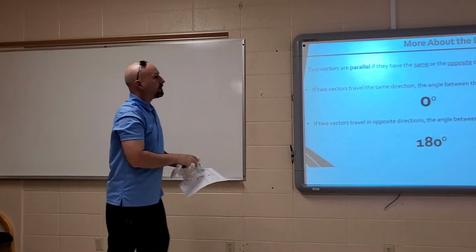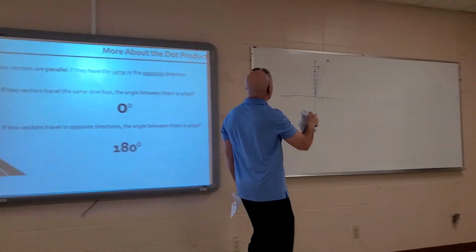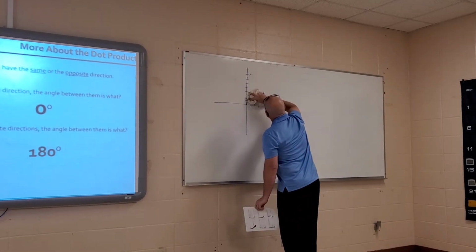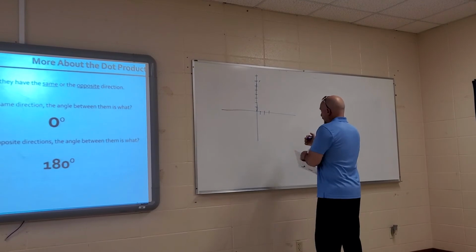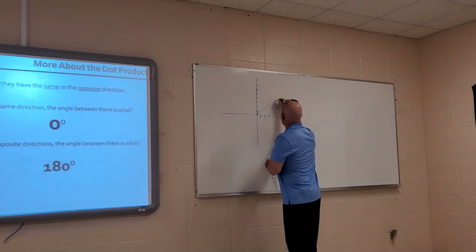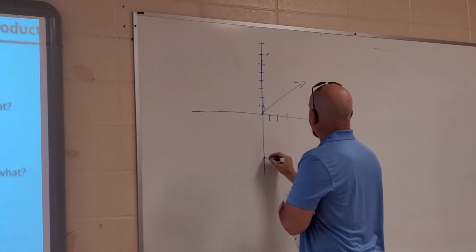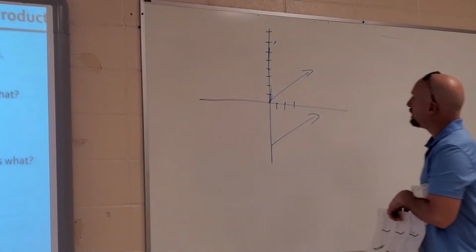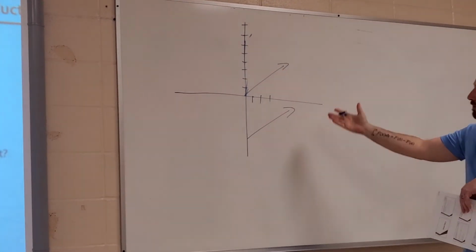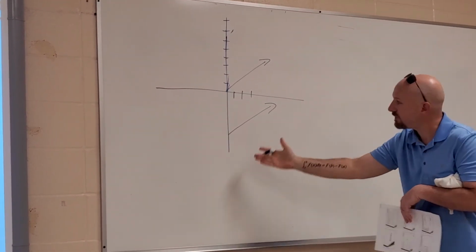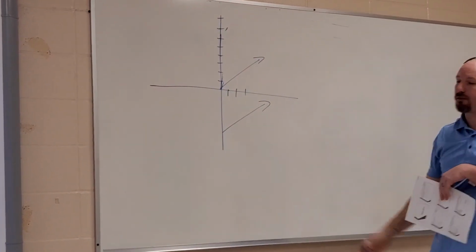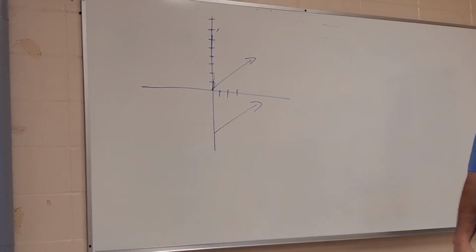So let me use my little graph over here. If we have this vector right here, and we have this vector right here, they're parallel because it's the same vector, just going in different places on the graph. Okay?